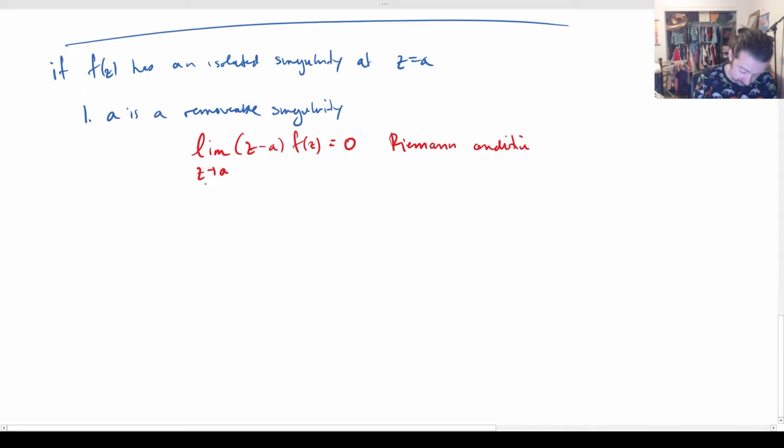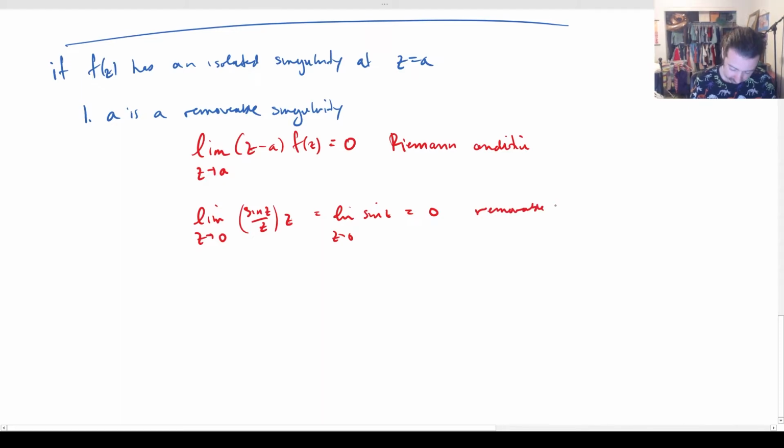Okay, so we can actually see that if we compute the limit as z goes to 0 of the sine of z over z times z, then we get the limit as z goes to 0 of the sine of z, which is 0. And so this must be a removable singularity for f of z equal to the sine of z over z.